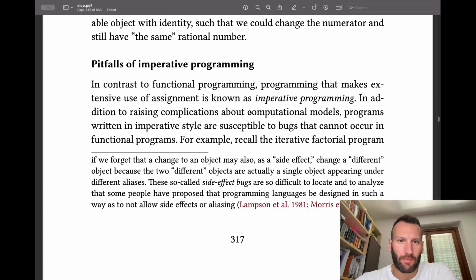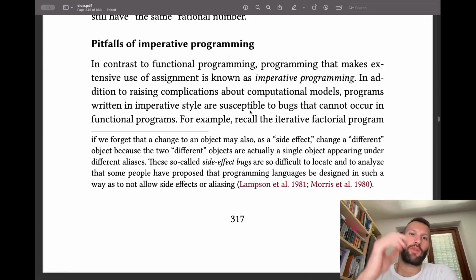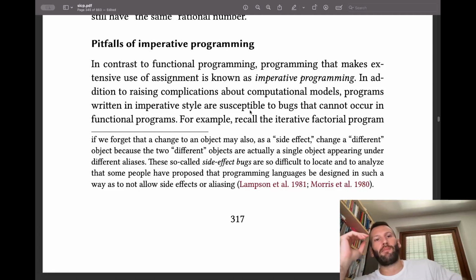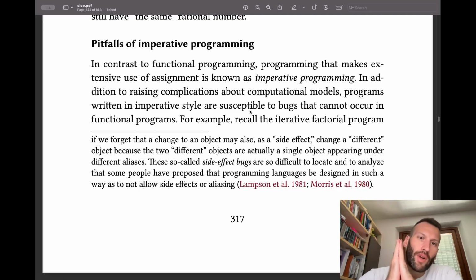Pitfalls of imperative programming. In contrast to functional programming, programming that makes extensive use of assignment is known as imperative programming. In addition to raising complications about computational models, programs written in imperative style are susceptible to bugs that cannot occur in functional programs.